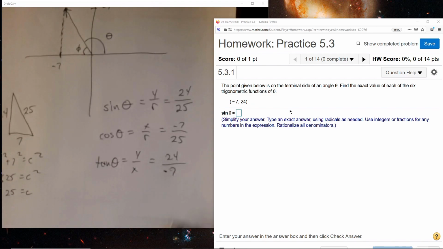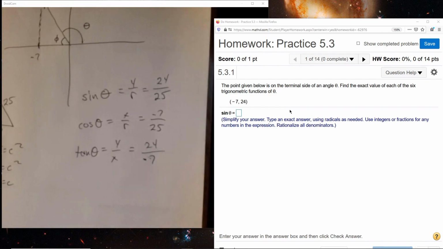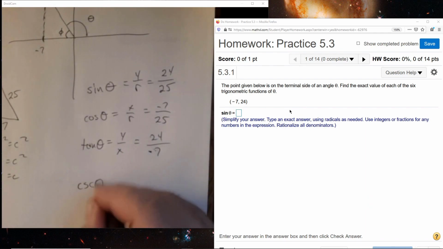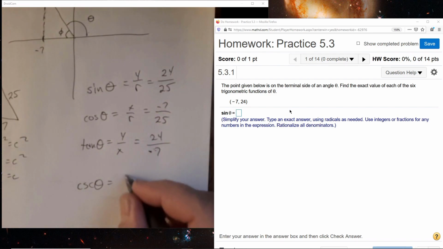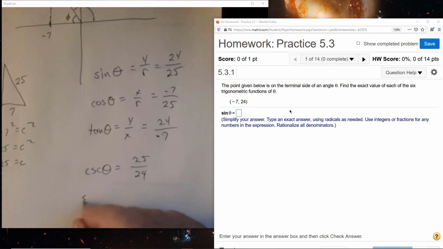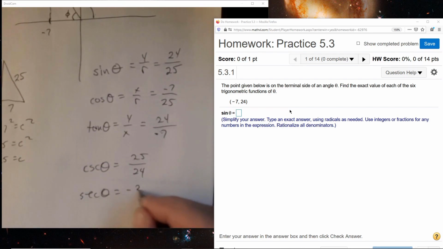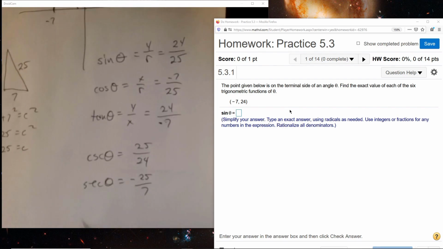Now to get the other 3, remember the other 3 are just reciprocals of these. So cosecant is just the reciprocal of sine. Secant is the reciprocal of cosine. And cotangent is the reciprocal of tangent.